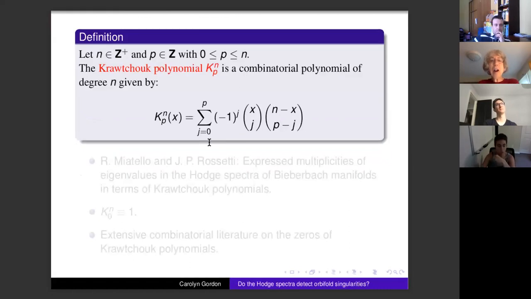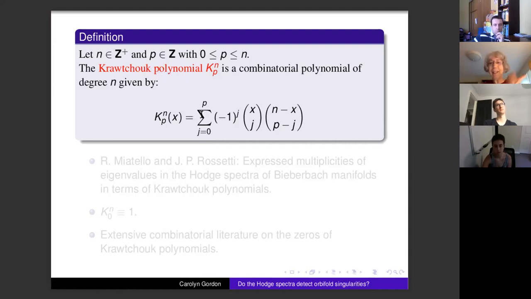To consider other p, I need to first introduce some polynomials. These are the Krawtchouk polynomials. Here n is any positive integer, and p is an integer between 0 and n. So n is going to correspond to the dimension of our orbifolds, and p is the Hodge p. These are combinatorial polynomials.